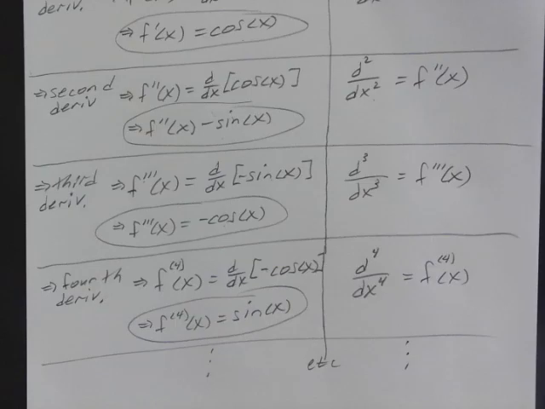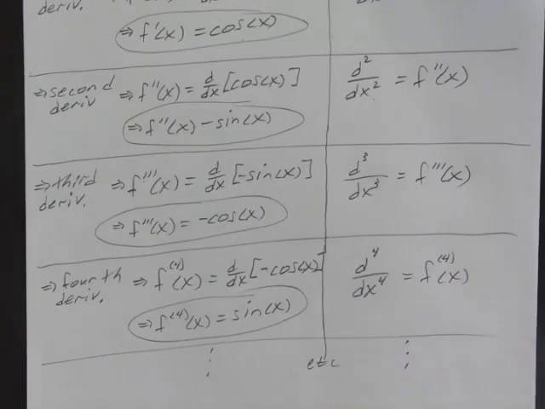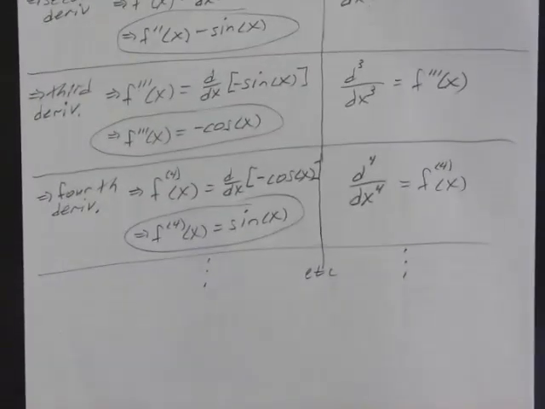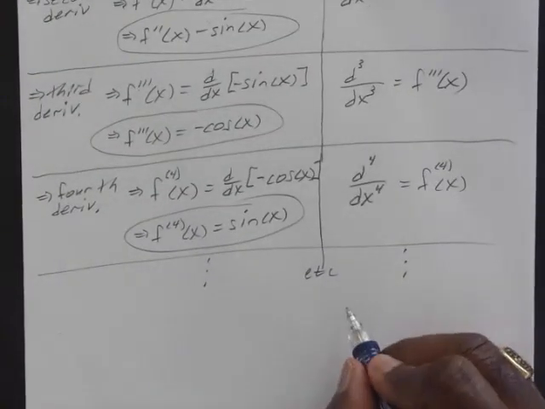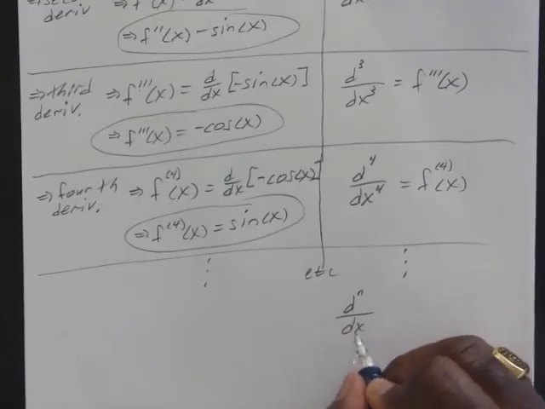So if you wanted to find the 50th derivative, it's just f with a little 50 in parentheses of x. Okay. So again, you can do that to any, let's say, nth derivative.